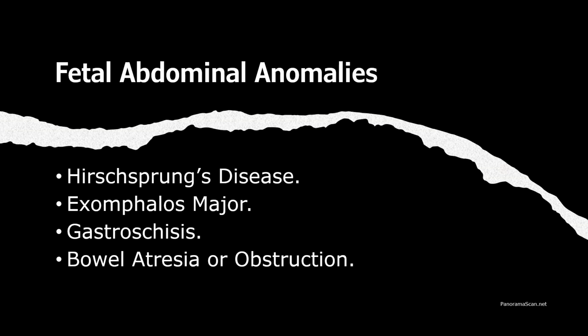Then finally, we will look at bowel atresia or obstruction, which refers to conditions where there is a blockage or absence of a portion of the bowel, requiring careful management and sometimes surgical correction after birth.